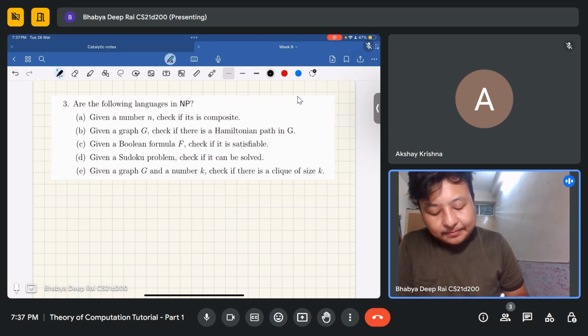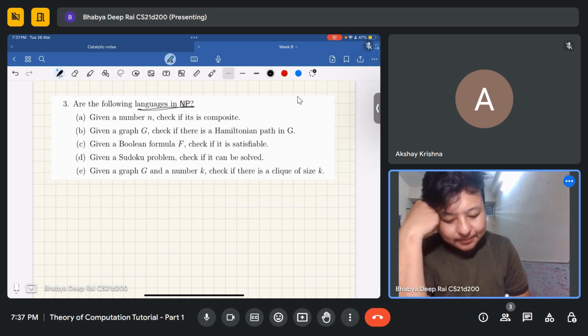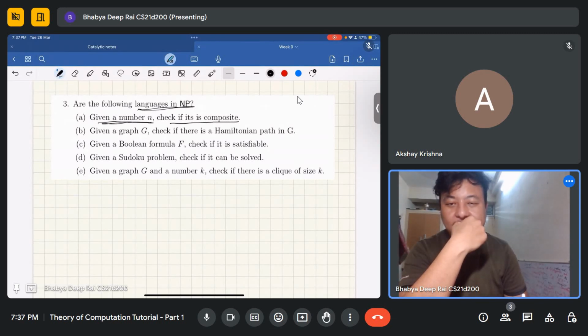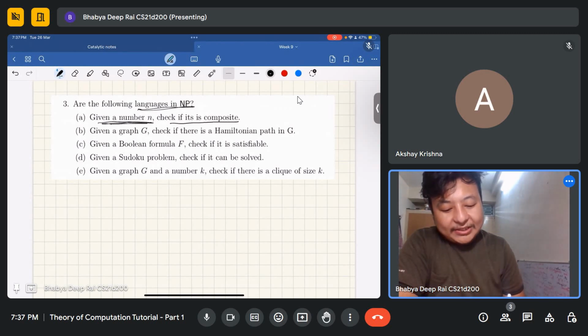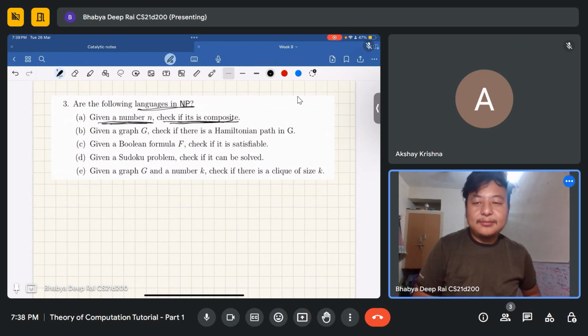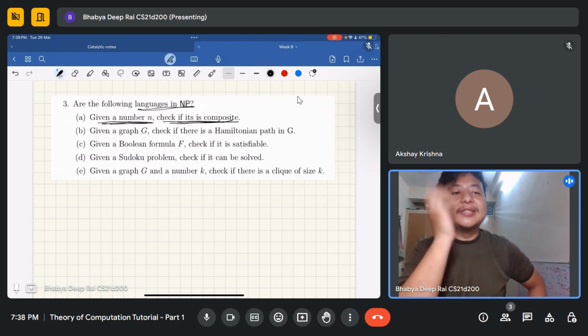Now, the question says, are the following languages in NP? Given a number n, check if it is composite. What would be the trivial algorithm? How would you check if a number is composite? The simplest algorithm.